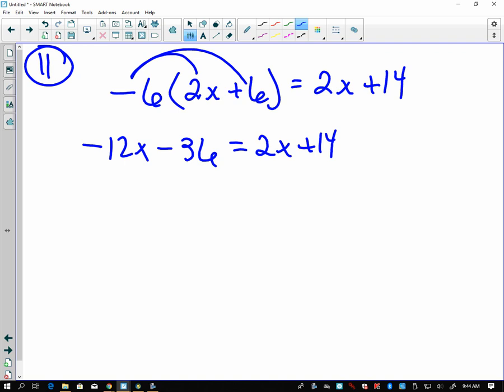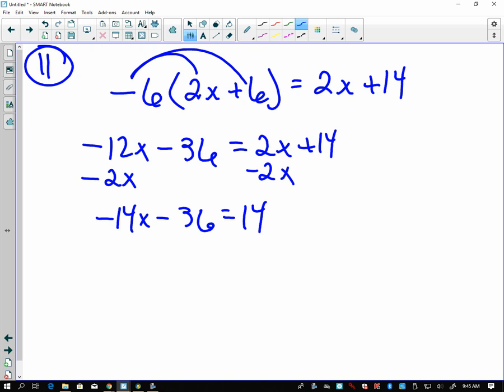Okay, McEwen, what would you do next? Subtract 2x from both sides, I'm guessing from the negative 12x. What's that going to give you? Negative 14x minus 36 equals 14. Okay?